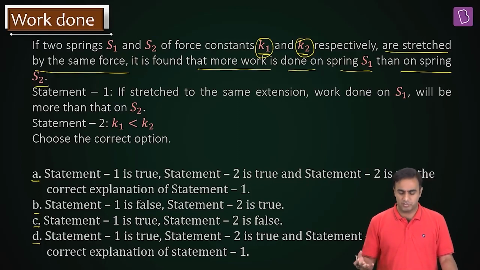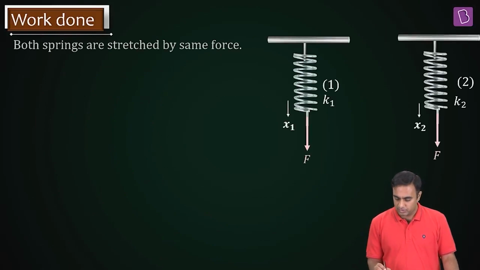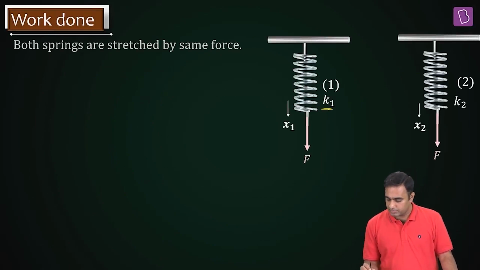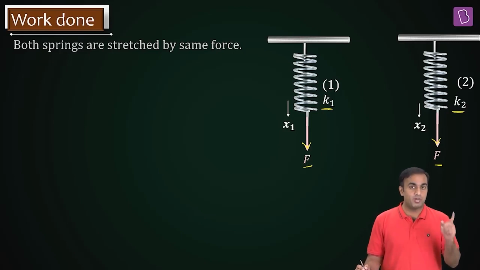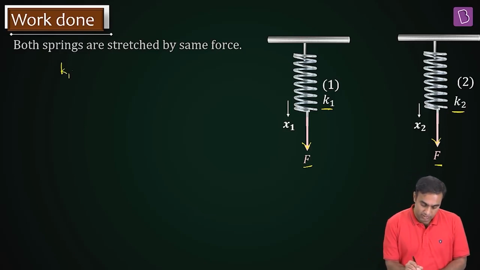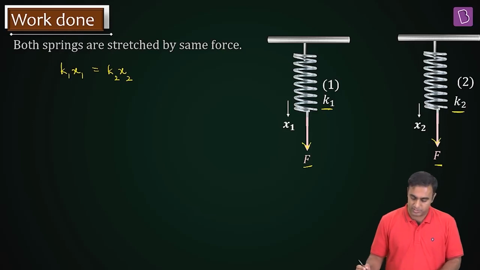Let's understand this even better with the diagram here. This is spring number 1 with spring constant K1, and this is spring number 2 with spring constant K2. The force applied on both these springs is simply equal to F, which means that the restoring force in spring number 1, which is K1 x1, must be equal to the restoring force in the other spring, K2 x2.